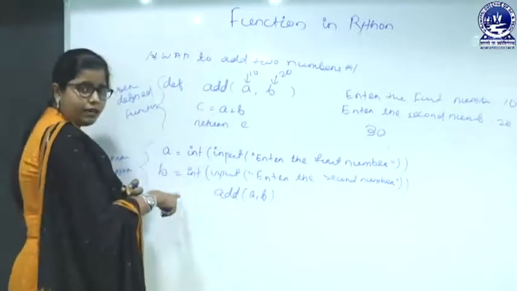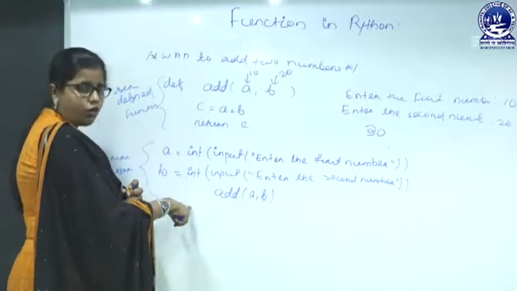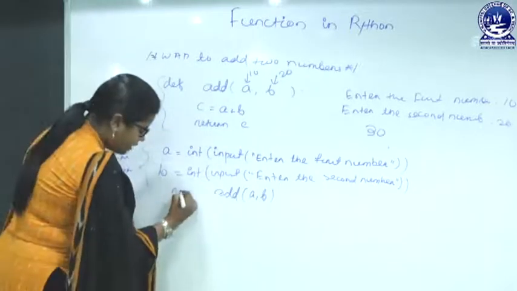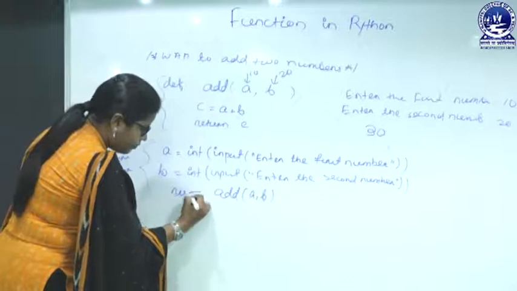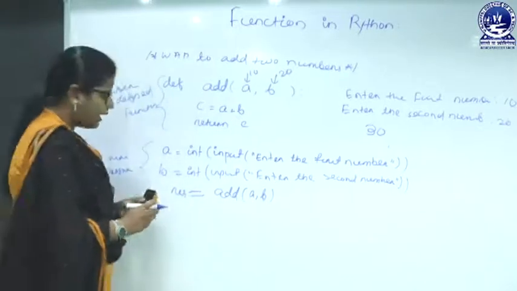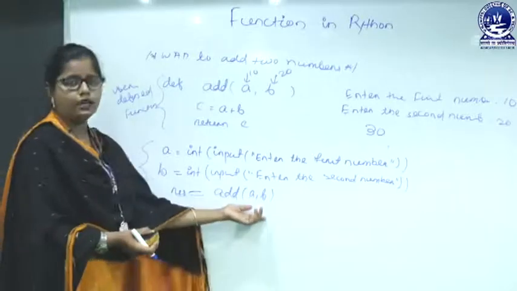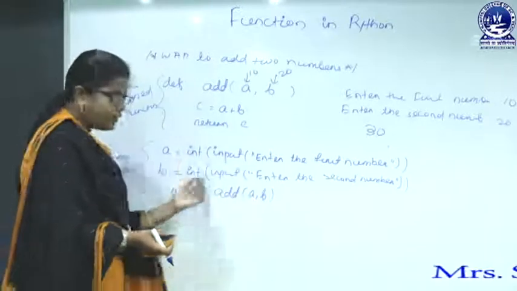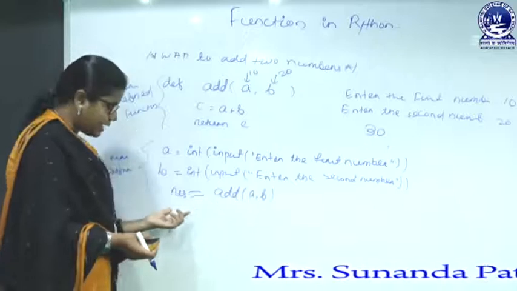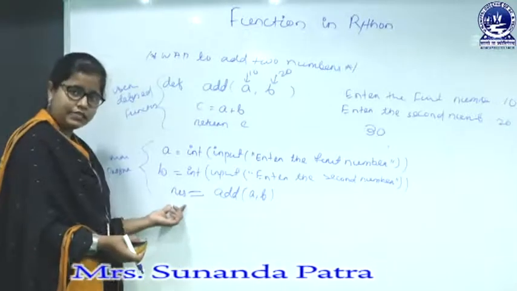Suppose here I am declaring another variable, that is result. So, result equals add A comma B. The C value will get returned and it will be assigned to the variable result.